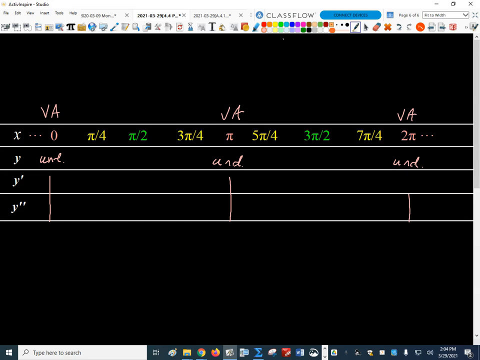These were zeros of our first derivative: pi fourths, 3/4 pi, 5/4 pi, 7/4 pi, and we'd keep going, but we're just taking our first lap of the unit circle. So those are places where we know we have horizontal tangents because I have 0 first derivatives.